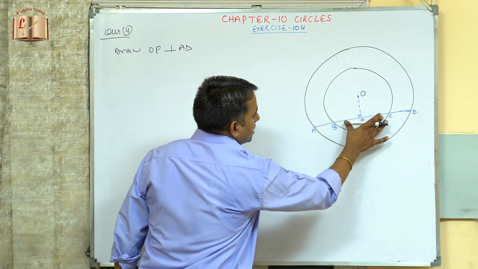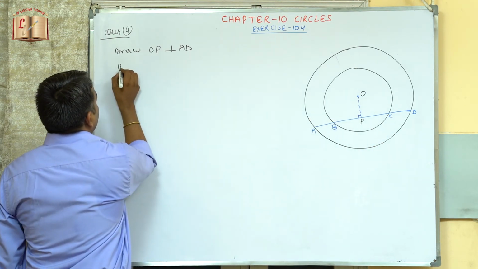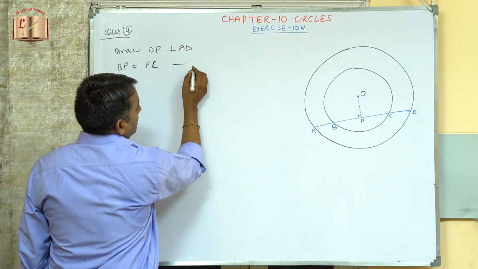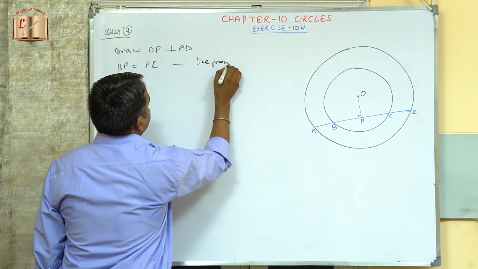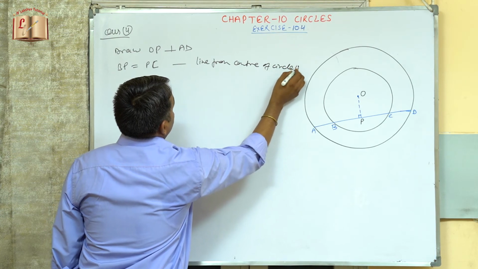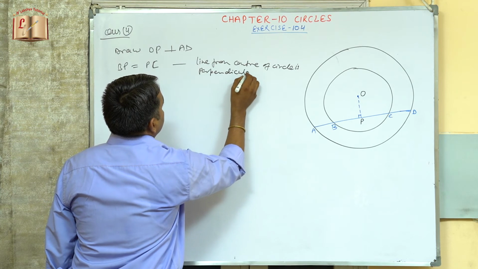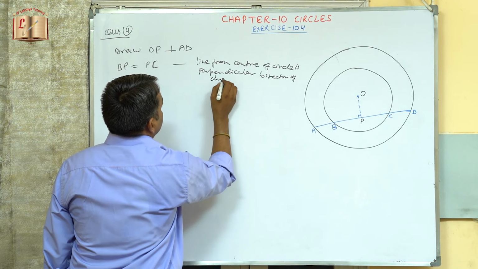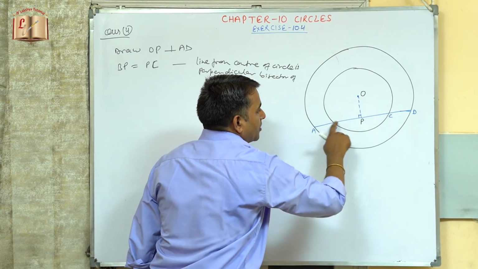Now BP will be equal to PC, because a line from the center of the circle is the perpendicular bisector of the chord.